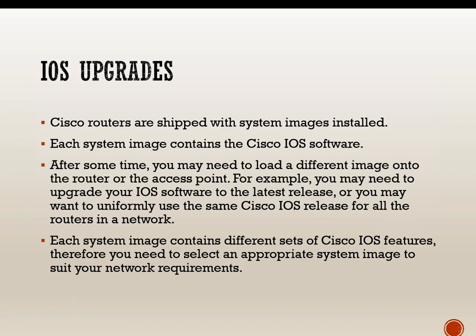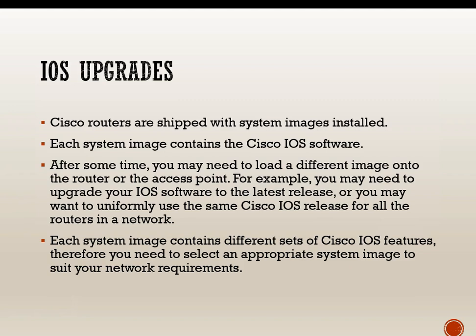We may have to upgrade what was shipped, which is to go get an IOS image, download the image to a TFTP server, upload the image to the device, and then tell it that it is the boot IOS of that device. So here, routers ship with system images installed.